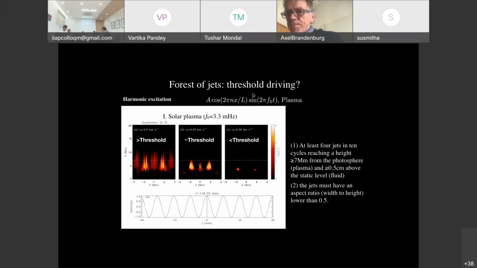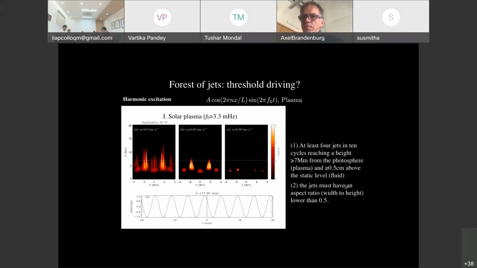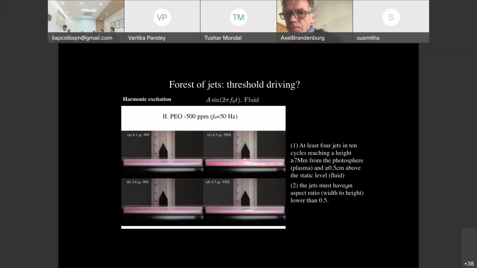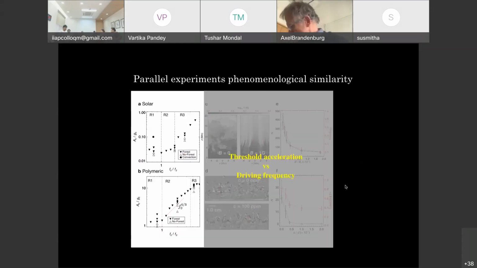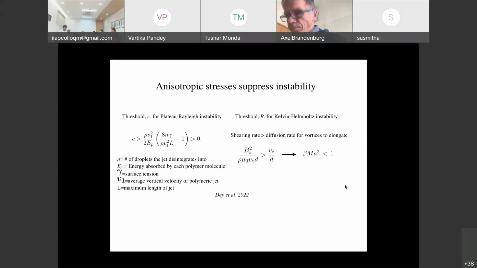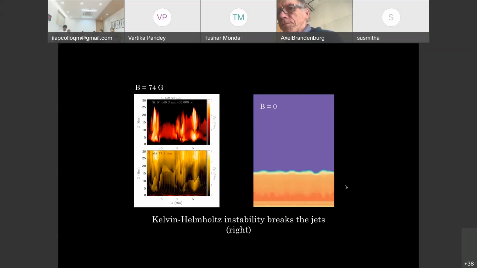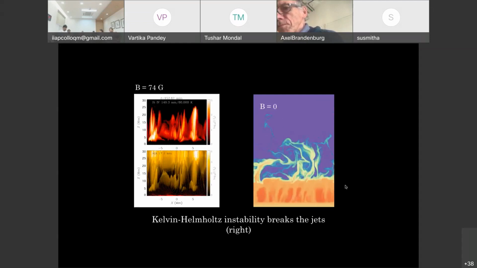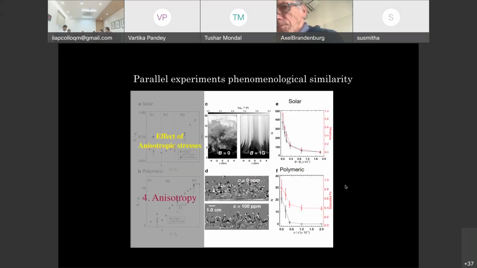Okay, so let me show this. Your first question is, is the corona not important for the solar wind? No, we don't claim that. What we are basically saying is there are these flows.